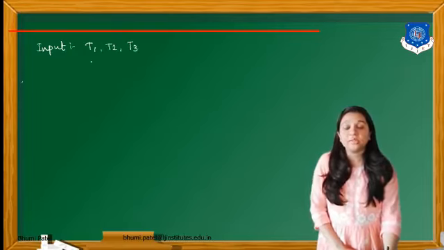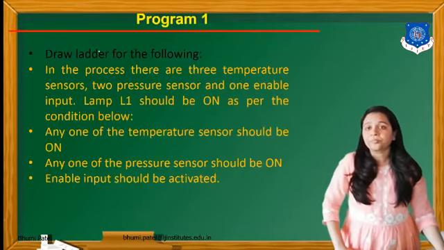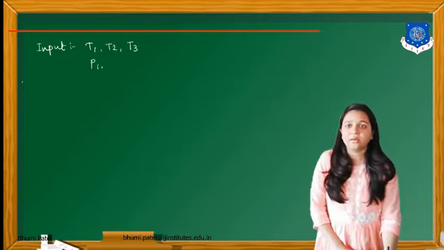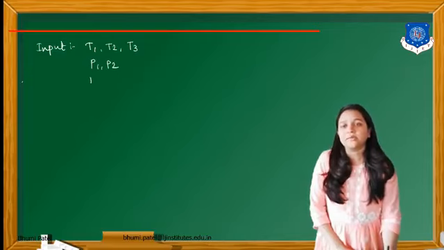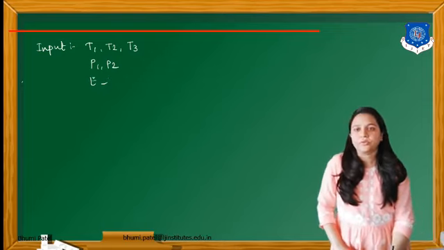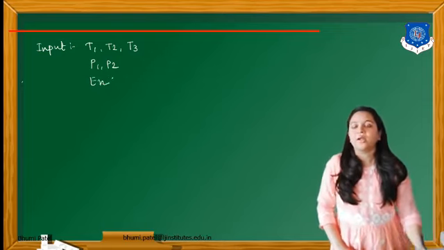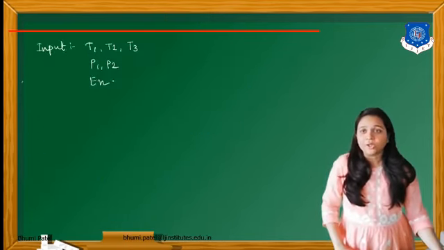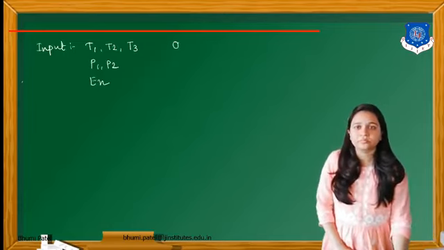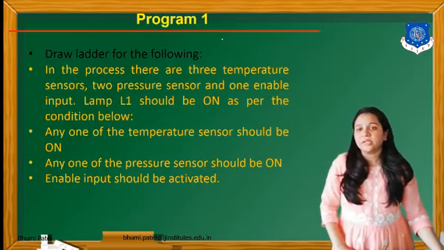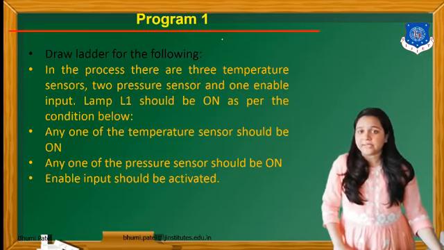The second input is the 2 pressure sensors, named P1 and P2, and the third input is the enable input. Clear? Now whenever this condition is satisfied, the lamp L1 should be on. So our output is lamp L1.